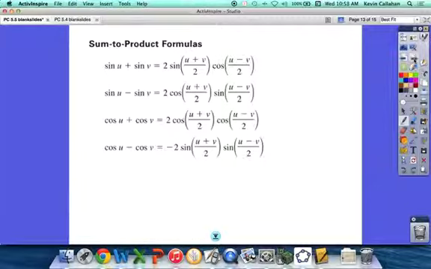You'd have to do u over 2 plus v over 2 and do the sine of a sum, u over 2 minus v over 2, the cosine of a difference, and see what kind of cancellation happens. Then somehow these u over 2s are going to have to turn into a u, and the v over 2s are going to have to turn into a v. So somewhere in there the double angle formula has got to show up.